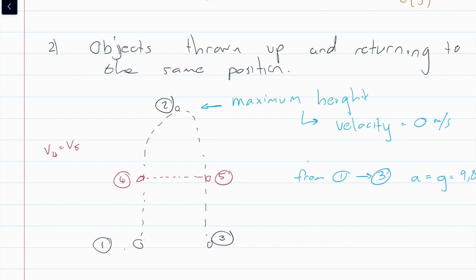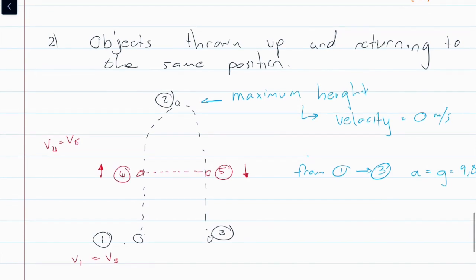At the same height, the object has the same speed but different directions. At 4 we're going upwards, and at 5 we're going downwards. The same can be said of the velocity at 1 and the velocity at 3. So it returns to the person's hand at the same speed that they threw the ball.